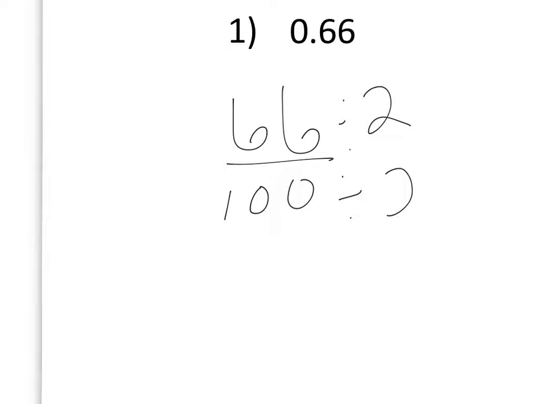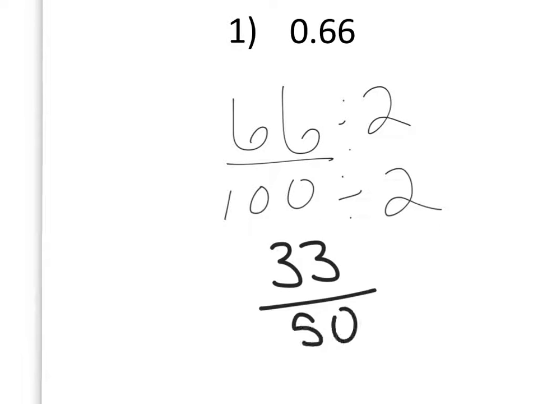As I look at number 1, the easiest approach is to write it as a fraction the way I would read it properly. Decimal .66 would be read 66 hundredths. So I'm going to write it as 66 hundredths. Now I know I want to write this in simplest form. Quickly I can see through my divisibility rules that I have even numbers that end each of these, so I'm going to divide each of these by 2. 66 divided by 2 is 33. 100 divided by 2 is 50.